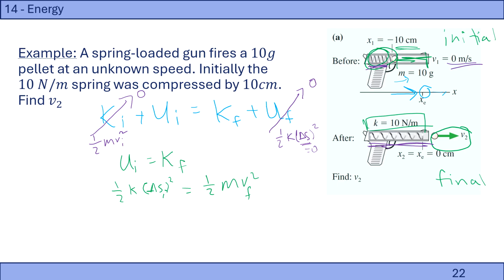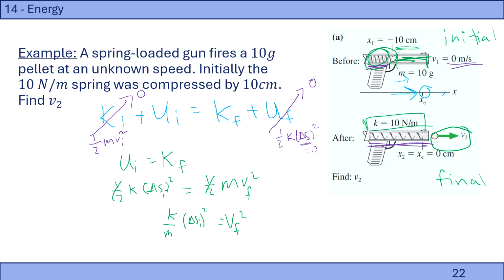So we're looking for the final velocity. All we have got to do is solve for v_f. If we multiply both sides by 2, these 1/2s cancel, and then we can divide both sides by m, and we have v_f squared equals k over m times delta s_i squared.